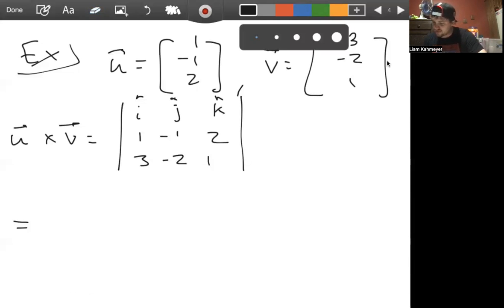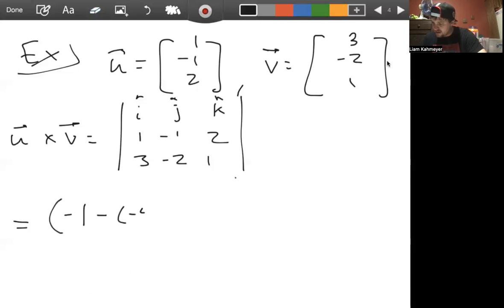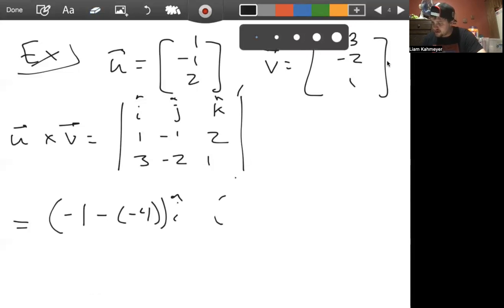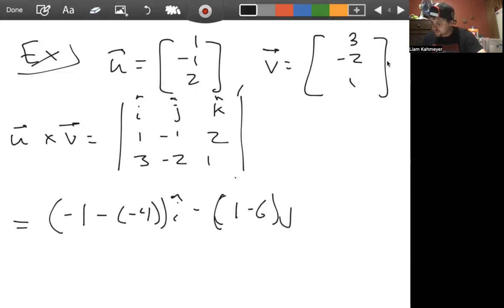If you'd like to be more explicit, you can, like we did in Calc 3, write this out component-wise. So for i hat, we would have -1 minus -4 i hat, plus for j hat, we would actually have a minus 1 minus 6 j hat, plus -2 plus 3 k hat.